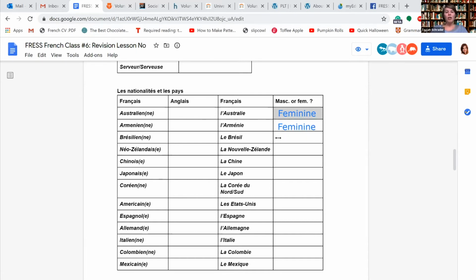What about le Brésil? Masculine. Masculine, yes. Can we remember why it's masculine? Because it ends with L. Ends with L and it has le, L-E, which is the masculine article from earlier when we were talking about the articles.